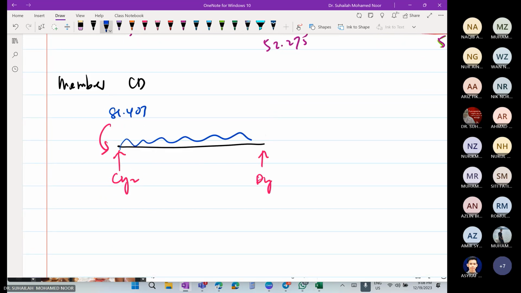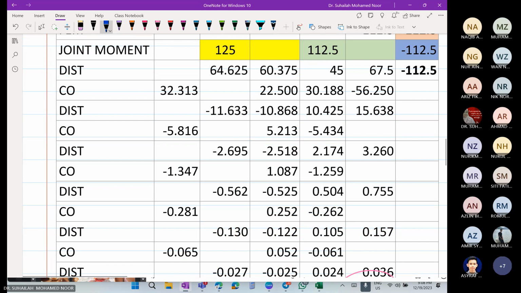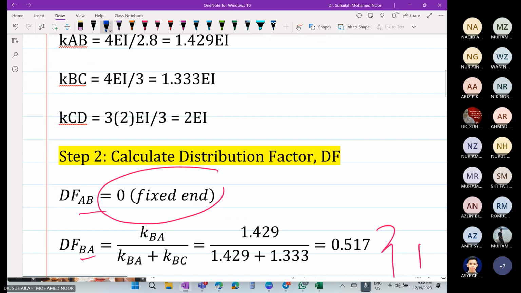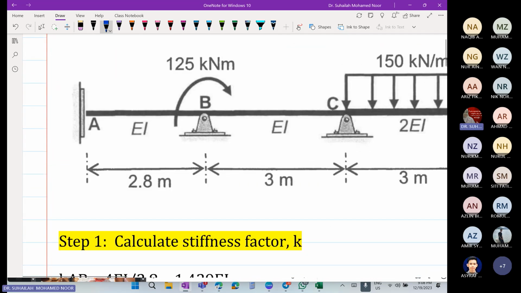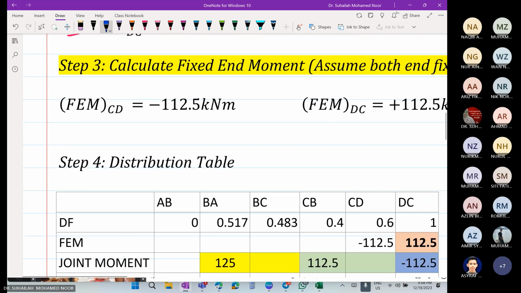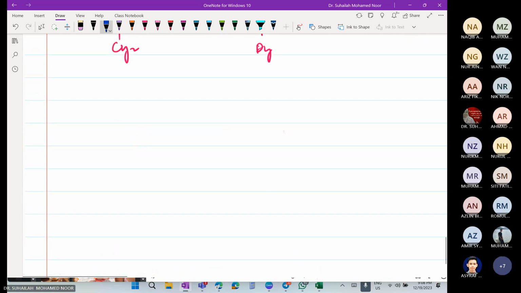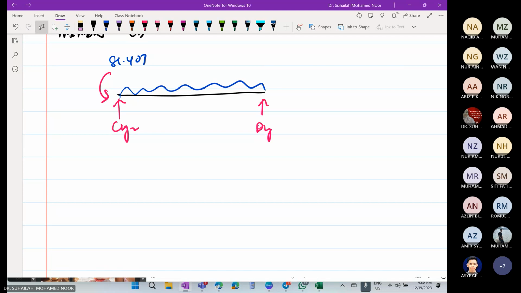UDL, 150 kilonewton per meter, 3 meter. And we have to calculate CY2, dy, the shear value.